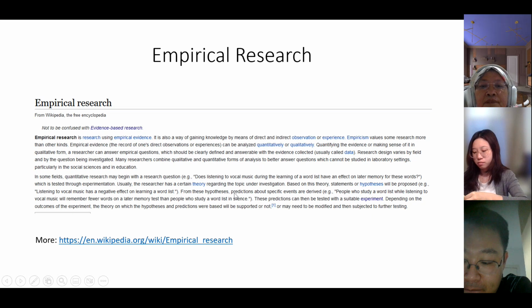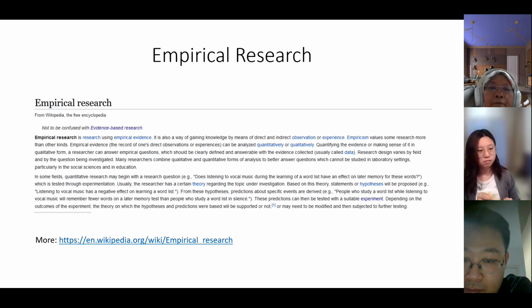From this hypothesis, predictions about specific events are derived. For example, people who study a word list while listening to vocal music will remember fewer words on a later memory test compared to people who study a word list in silence. Yeah.